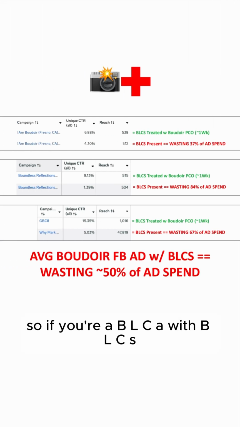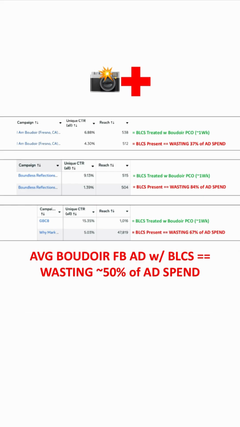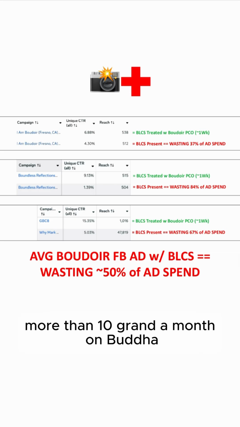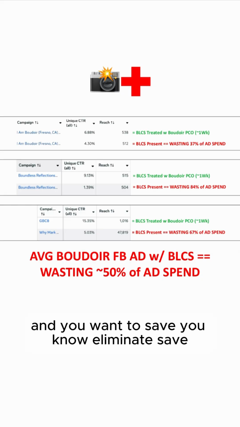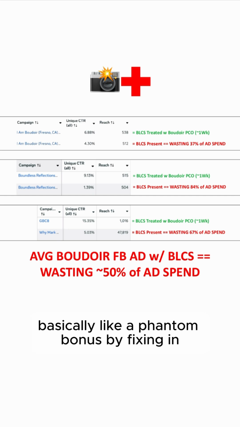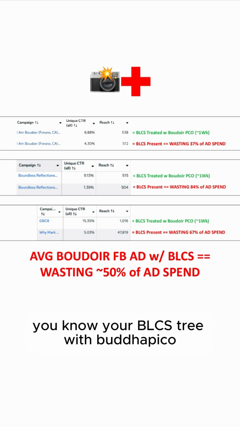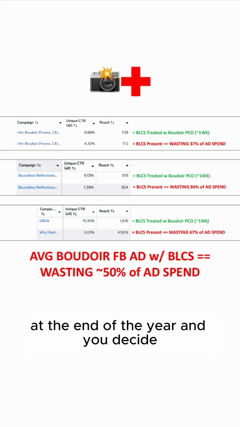So if you're a BLCA with BLCS, so if you're a boudoir low click advertiser with boudoir low click syndrome, and you're spending more than 10 grand a month on boudoir Facebook ads, and you want to eliminate, put back in your pocket approximately 5K every single month, basically like a phantom bonus, by getting your BLCS trio with Boudoir Pico, that's basically a 60K bonus at the end of the year.